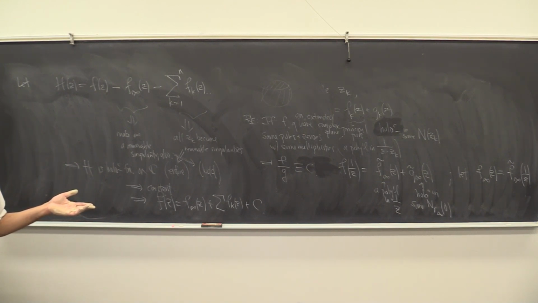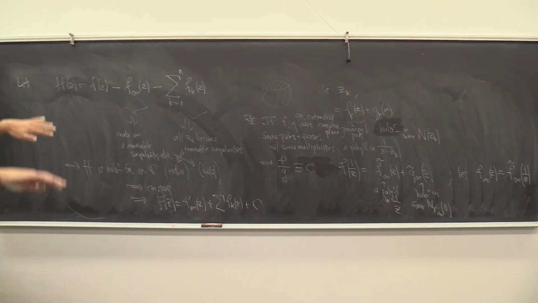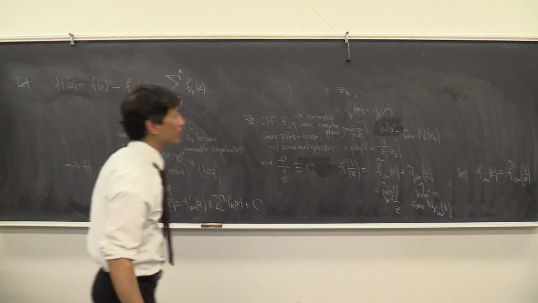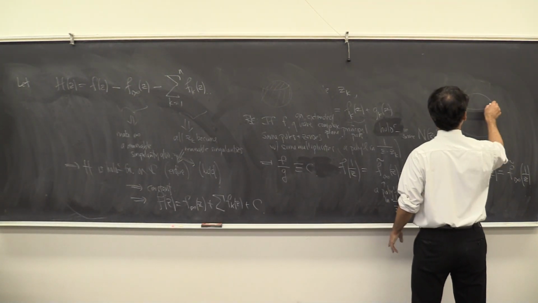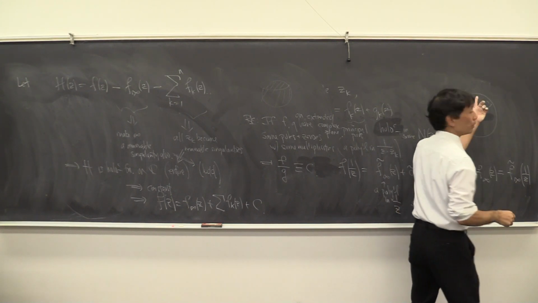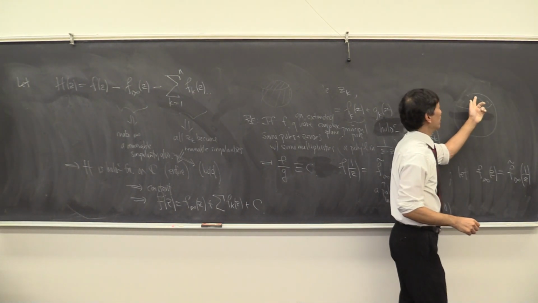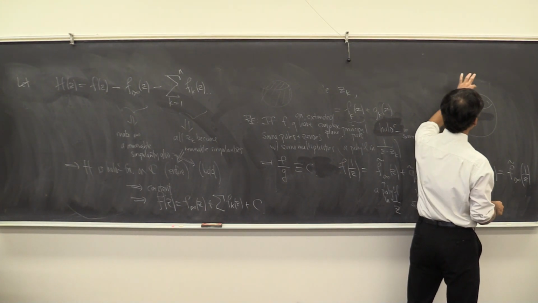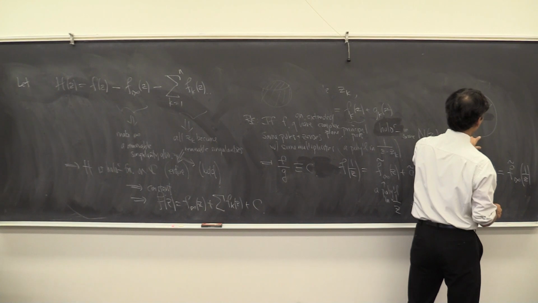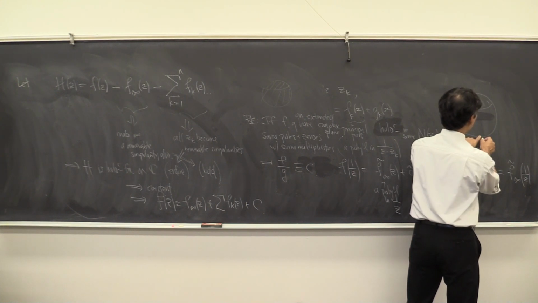What we're trying to show is that f is holomorphic close to infinity. So if we have a pole at infinity, that means f of 1 over z has a pole here.